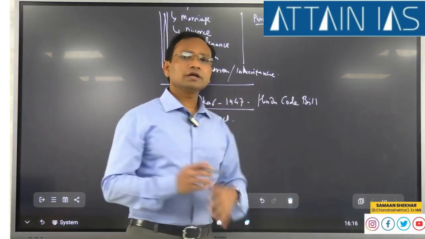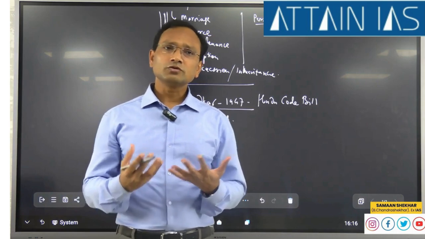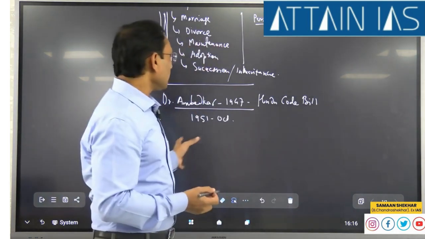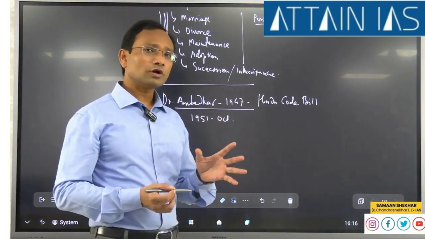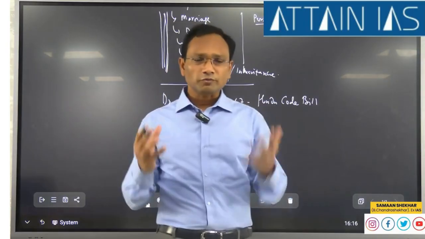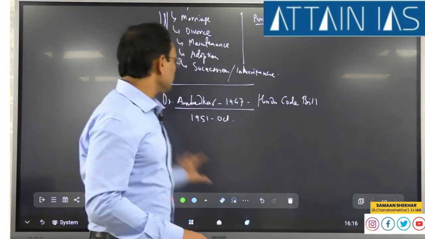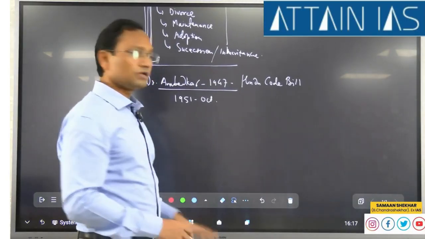And what was contained in the Hindu Code bill? The Hindu Code bill applied to not the people who profess Hindu as a religion alone. It applied to other religions also.